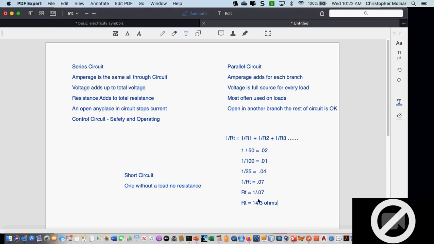And again, this comes back to my rule that the total resistance is less than the lowest resistance. My lowest resistance was 25. Questions? Remember, if you memorize one formula, use this one. It will work every single time.